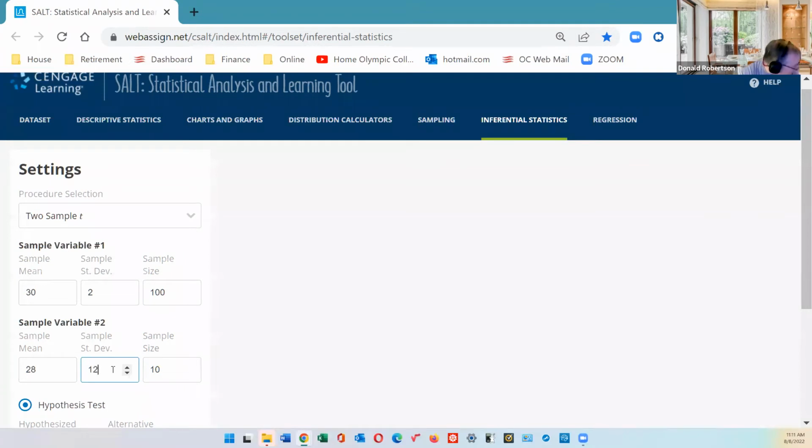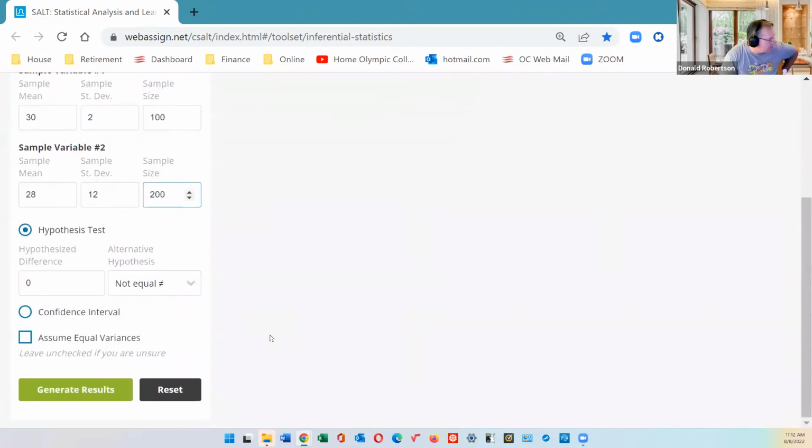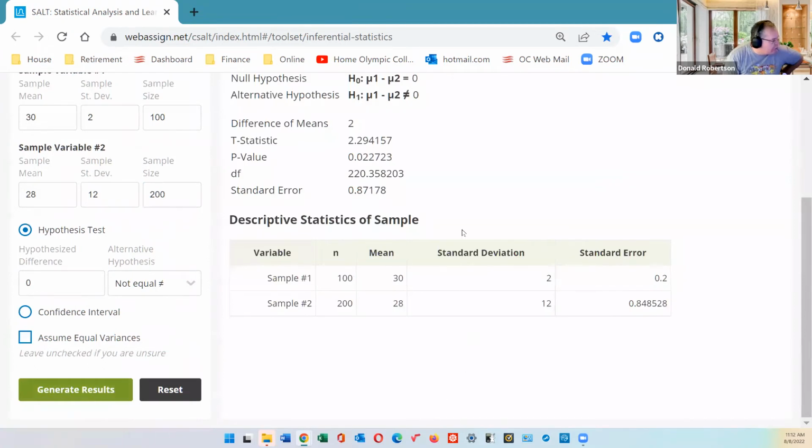Standard deviation all over the place, but from a really good sample size of 200. I am not going to click the assume equal variance. We talked about why that's the case, right? The difference in the standard deviations is huge. And so I generate the result. And the p-value that we got was 0.023.